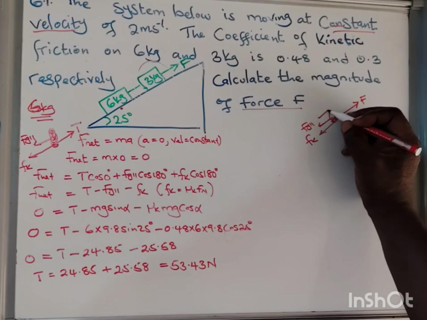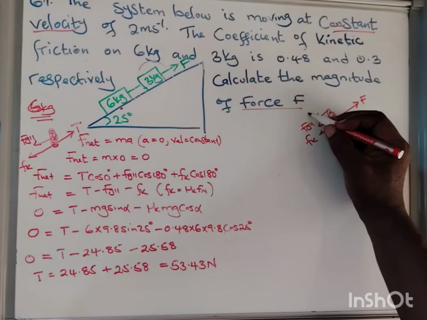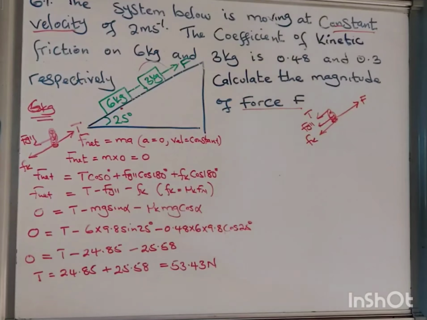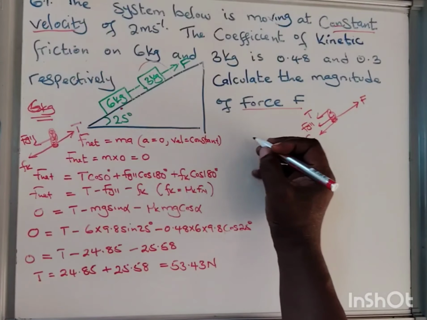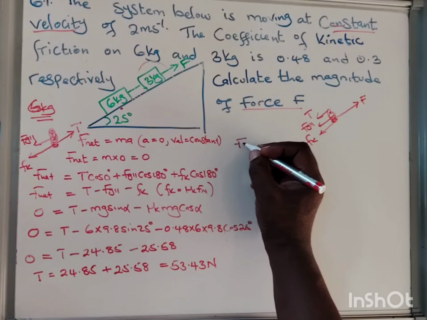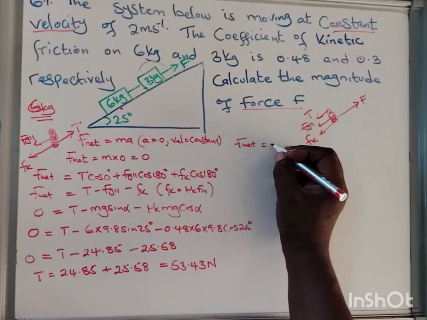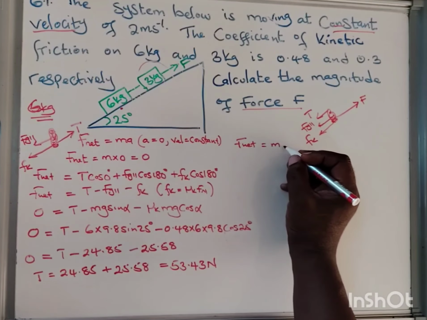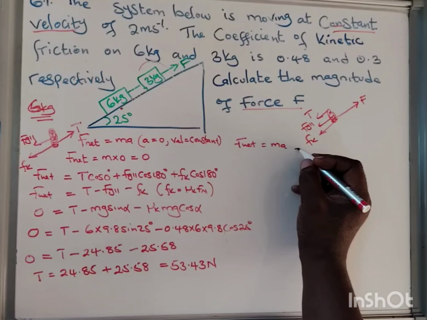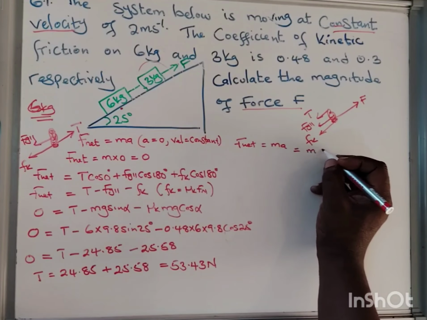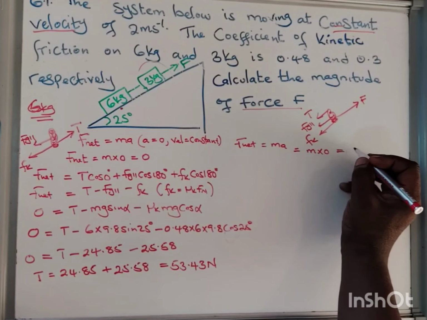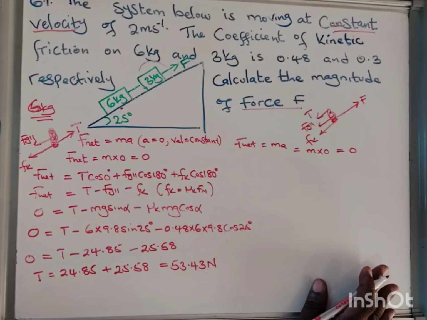And we have tension. From there, our next step is to apply Newton's second law, F net is equal to ma. But you have to remember that a is 0, so F net is equal to 0.